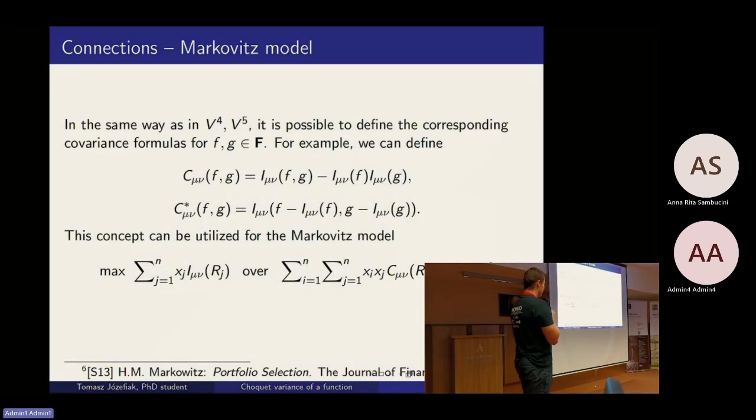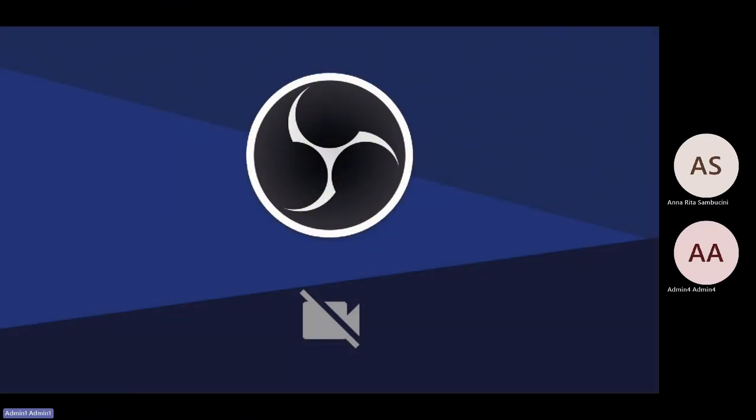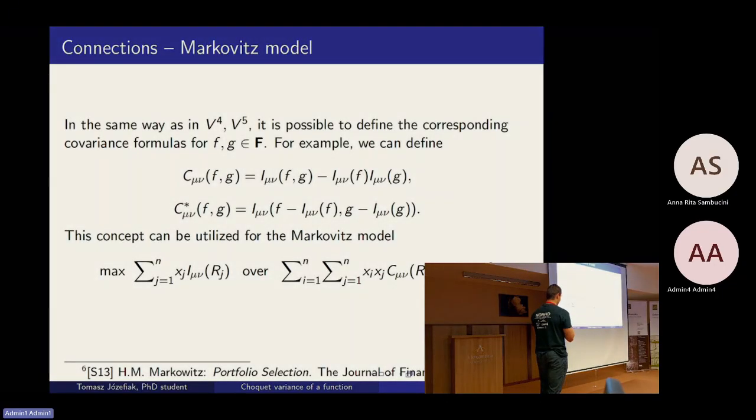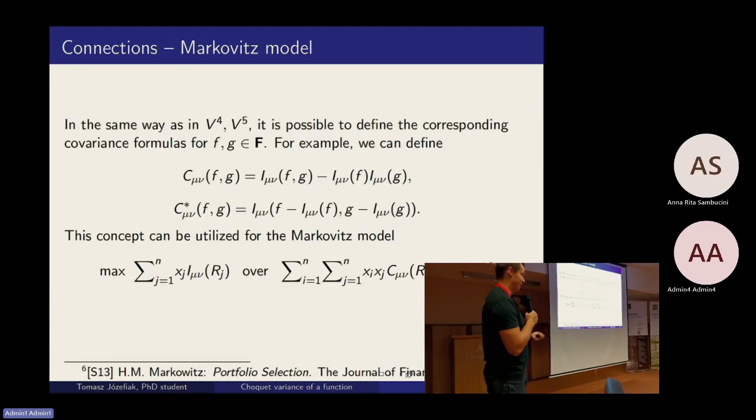So in the same way as we introduced the variance functions, we can introduce the covariance in two different ways. And having that, we can simply use it to solve the well-known Markowitz model for choosing a portfolio which would have the lowest total variance.